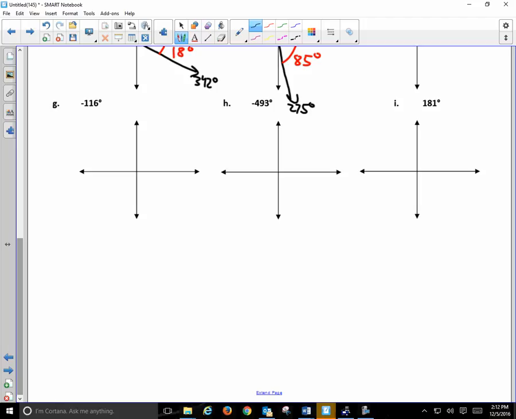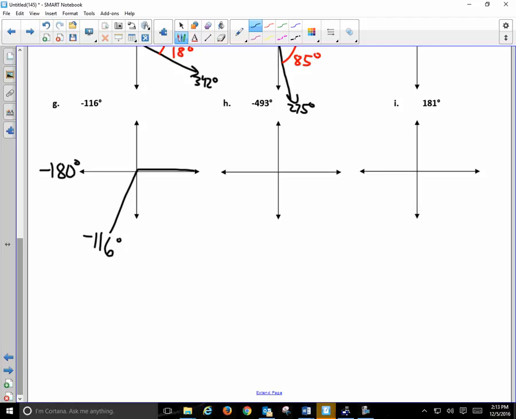What's different about this one? Letter G. It's negative. Negative 116. Which quadrant will that place me in? Place me in the third quadrant. And it's close to negative 180 degrees. To calculate the reference angle, again, I will take the larger number minus the smaller number.